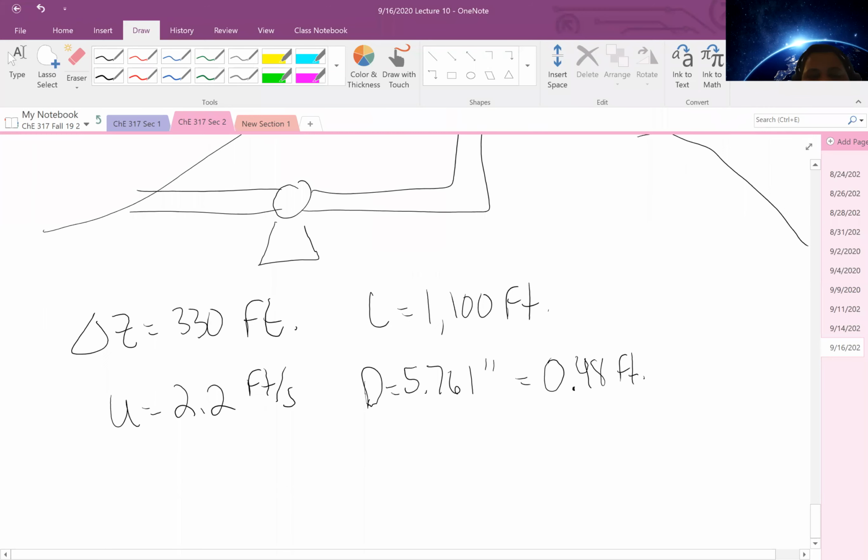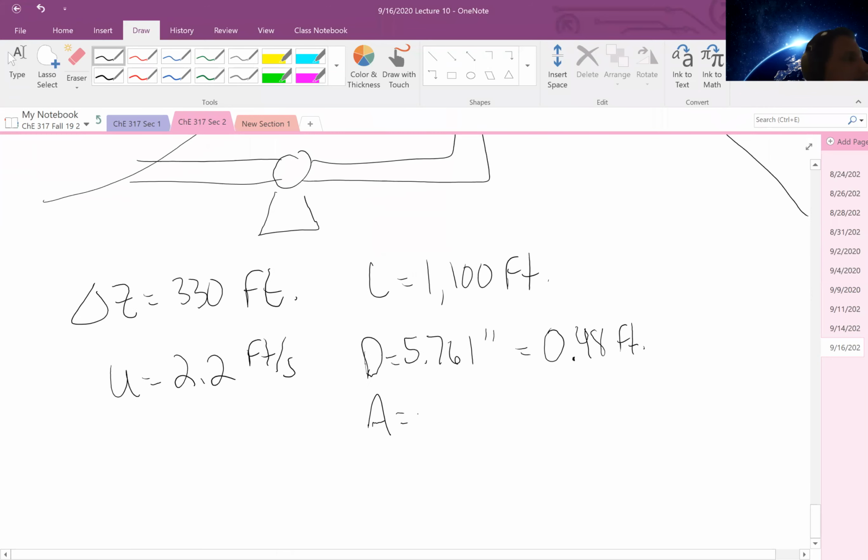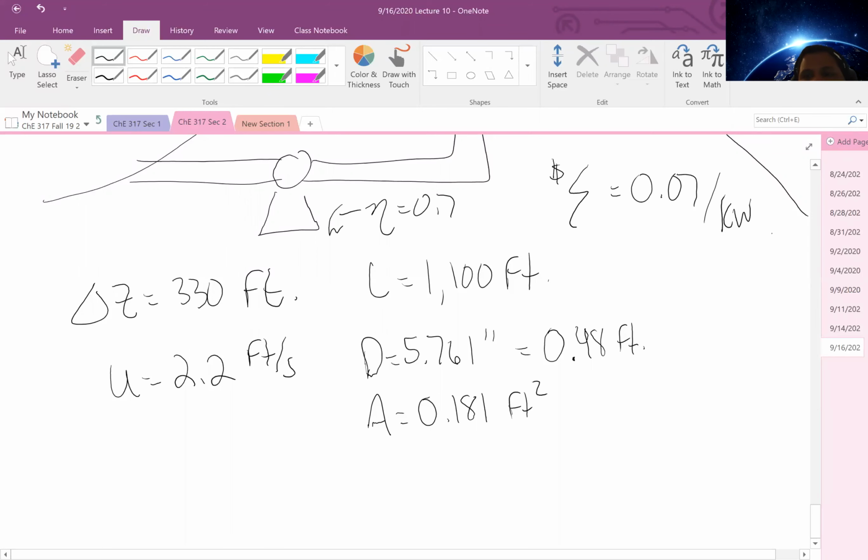And it also means the area of flow, from the book, luckily they have that directly, is 0.181 square feet. What else do we need to know? The efficiency of the pump is 0.7, and the cost of electricity is 7 cents per kilowatt hour.